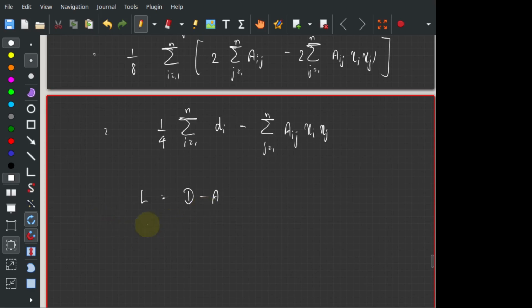My claim is that this quantity will be just 1/4 x transpose Lx.